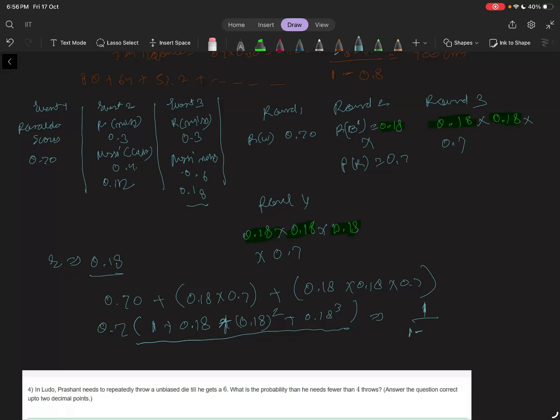What we get is 1.2196. Okay, this is the final value. This gets multiplied by 0.7 times 1.2196, and your total probability is going to be 0.85. This is your final answer.